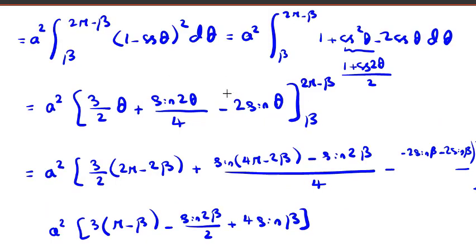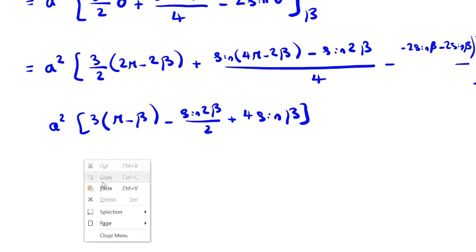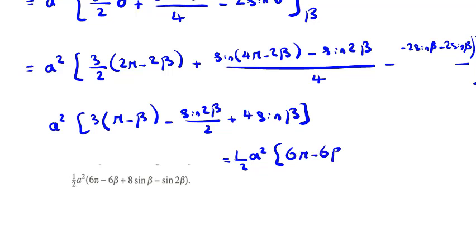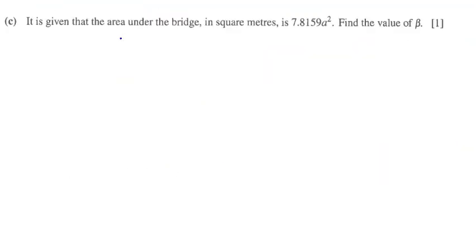If we factor out 1/2 a squared, multiplying by 2, we get 6 pi minus 6 beta, minus sine 2 beta, plus 8 sine beta, and it is exactly what we wanted to prove.